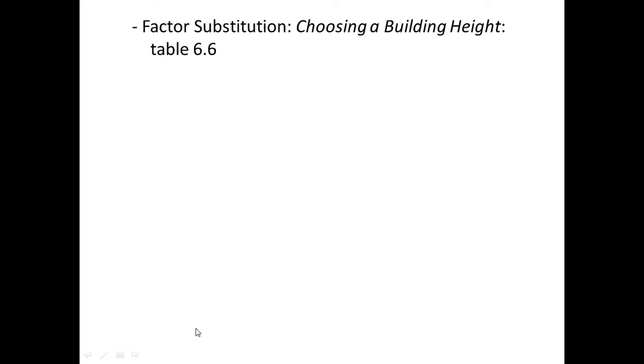The other part of question 6, factor substitution. Based on the point of factor substitution, you can see table 6.6, choosing a building height. I mean the height, a tall building or a short building.